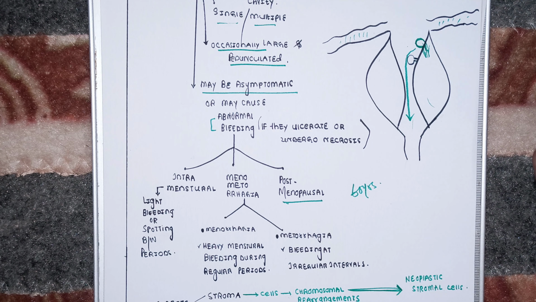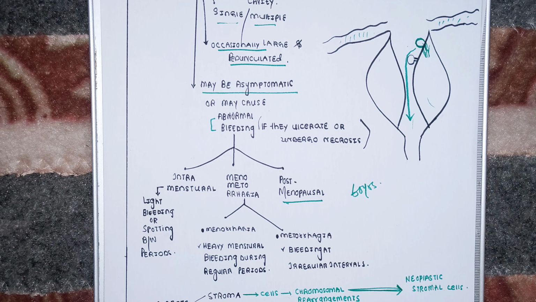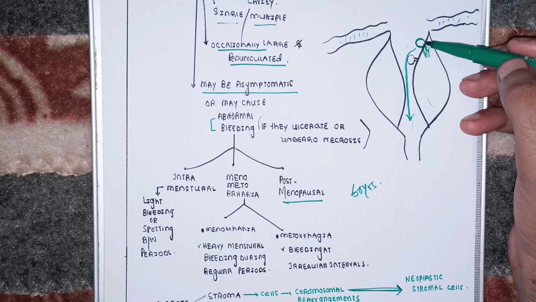That will be called postmenopausal bleeding. The woman must be worried, because she is now 50-60 plus, postmenopausal, so she must be worried about why there is bleeding if she is menopaused. That bleeding may be due to this endometrial polyp.